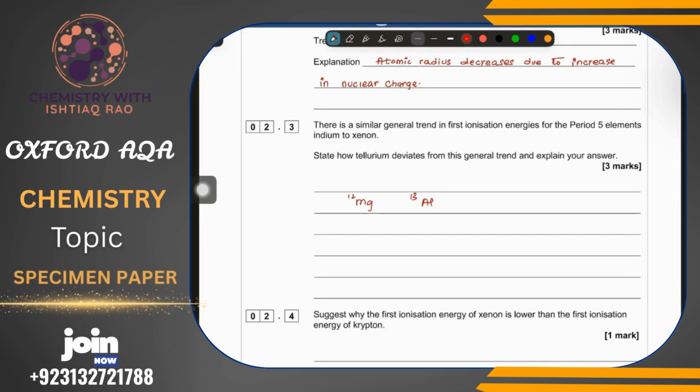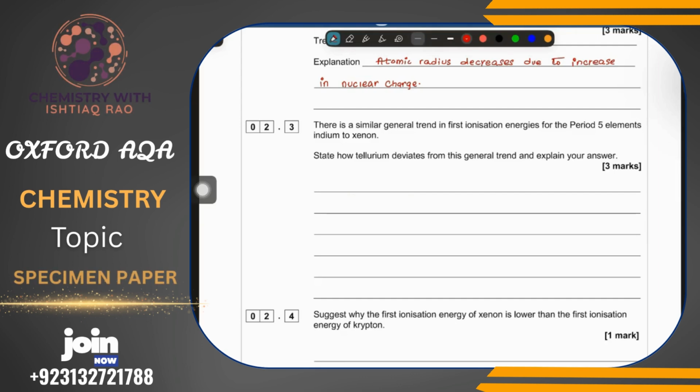Aluminium ends on 3p1, a partially filled orbital further away from the nucleus, which is unstable. Less energy is required to remove an electron, so aluminium is lower. Same goes for indium too.